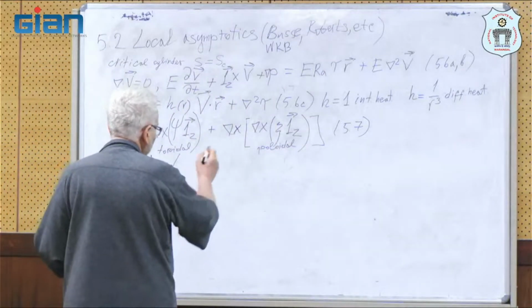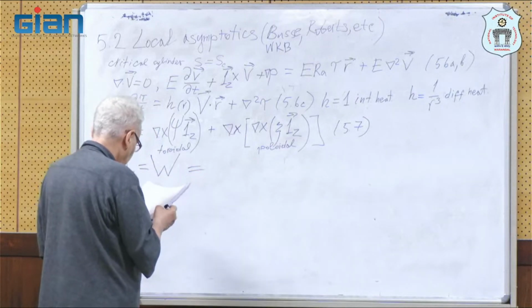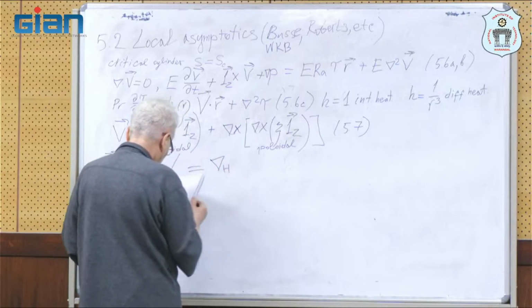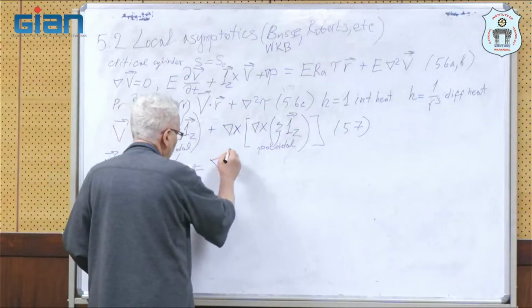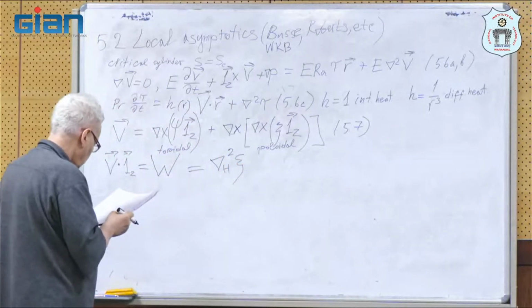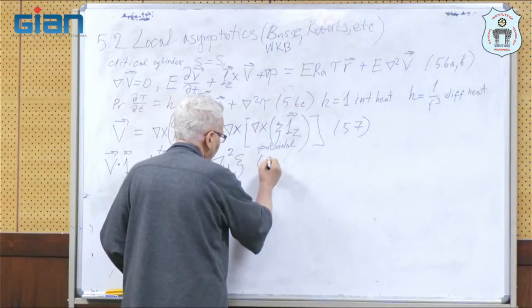And in terms of all these things, it also has a very simple representation via the modified nabla square of chi, and this constitutes formula 5.8.